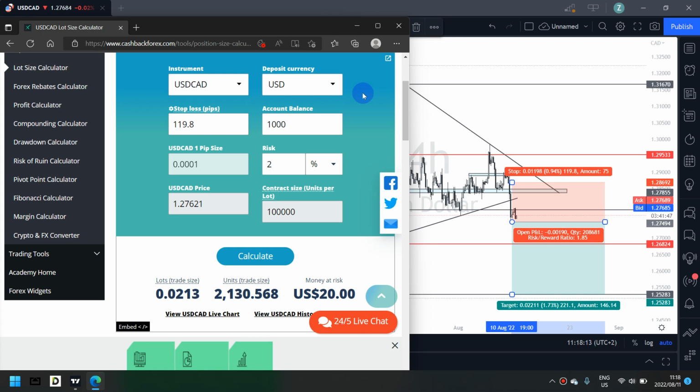So that's basically what I do when I manage my risk using the cashback forex lot size calculator, which is a very powerful calculator to use. As you can see, lot size calculator, you have your forex rebates, profit calculator, and more. Drawdown, risk of ruin, you know. This is a powerful tool to use if you want to manage your risk properly.